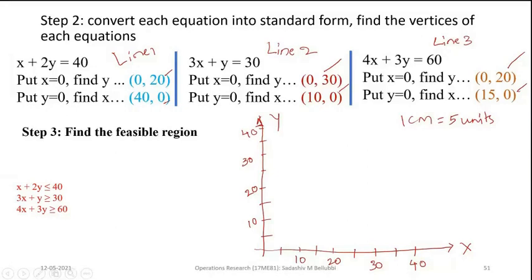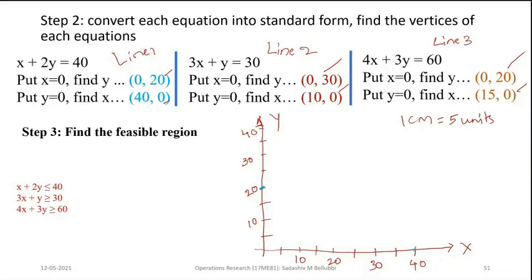First we'll draw the first line. When x is 0, y is 20, which is one point. When y is 0, x is 40.